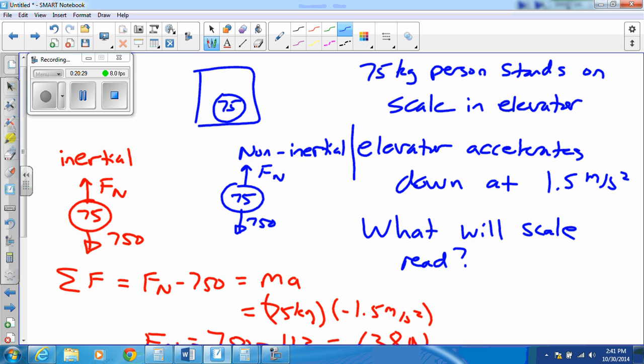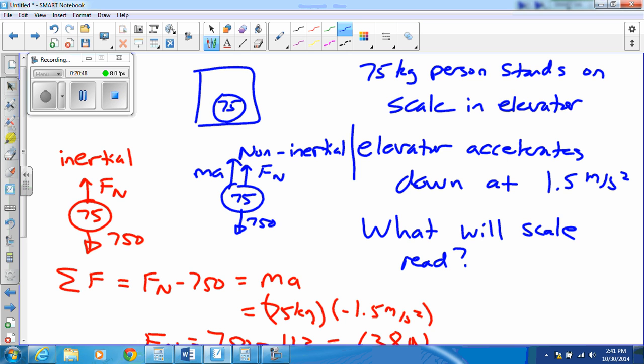The elevator is accelerating downwards, so here comes our ma, our fictitious force, pointing upwards. So it always goes opposite of the acceleration of the reference frame.